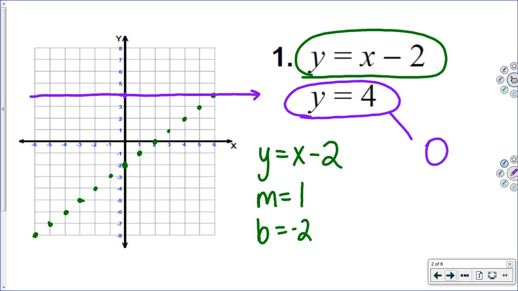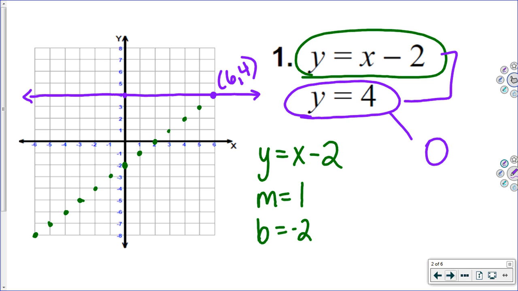It is a flat line with a slope of 0. This point right here, that is our solution point. That is the point where these systems meet. The solution for y equals x minus 2 and y equals 4 is this point right here, which is called 6, 4.